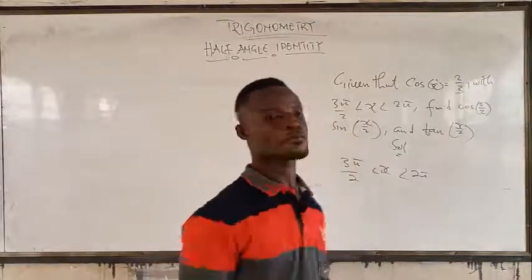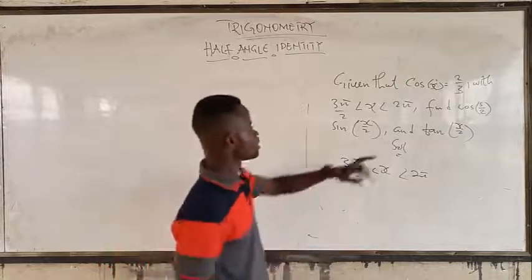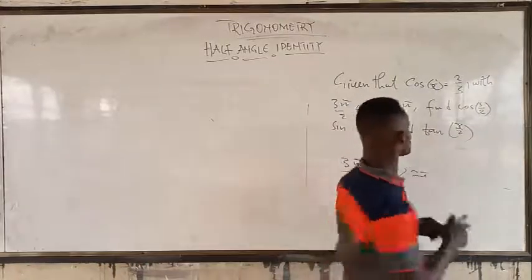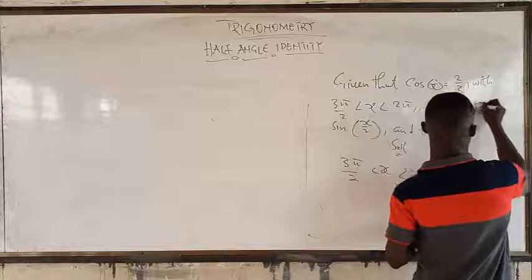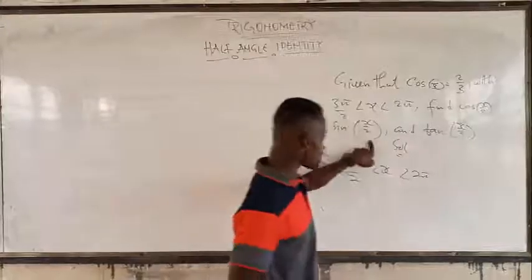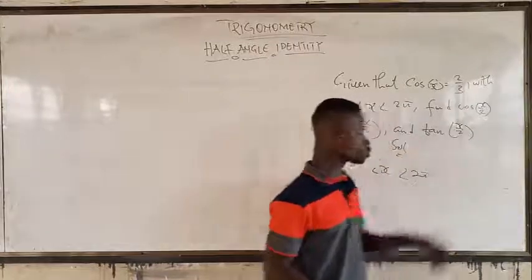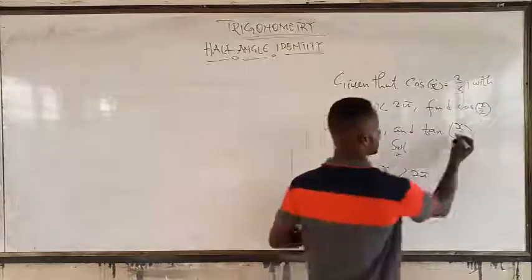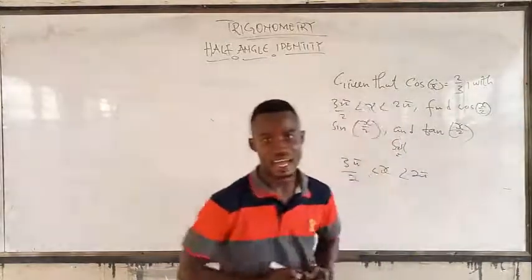Watch. What are we to find? We are to find cos X over 2, sin X over 2, and tan X over 2 within a certain interval.